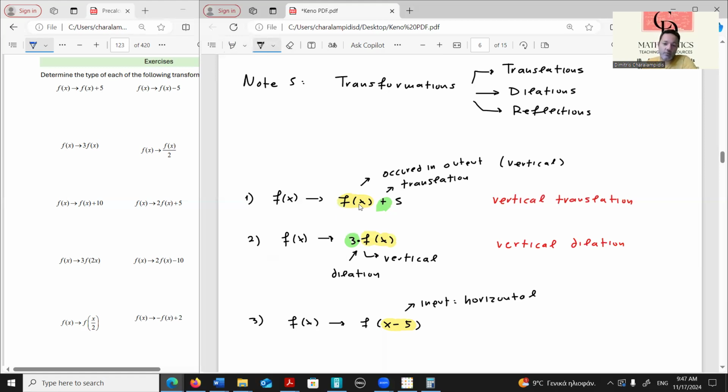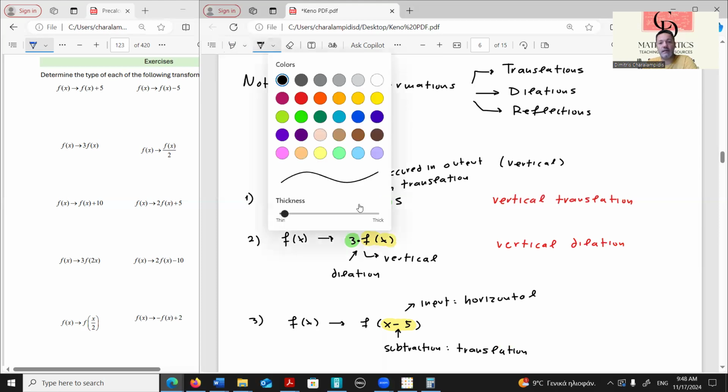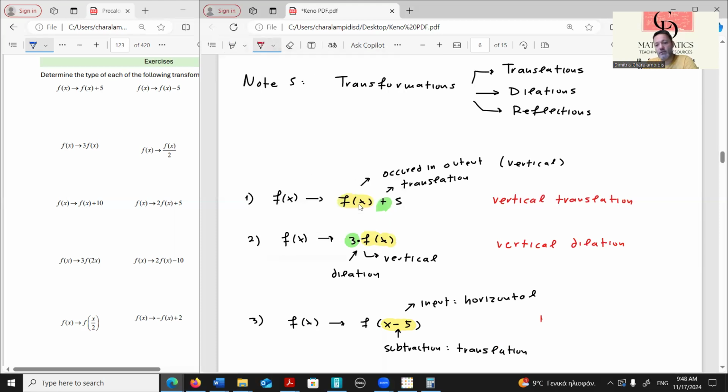What type of change was that? Subtraction. Subtraction leads to translation. So this is characterized as a horizontal translation.